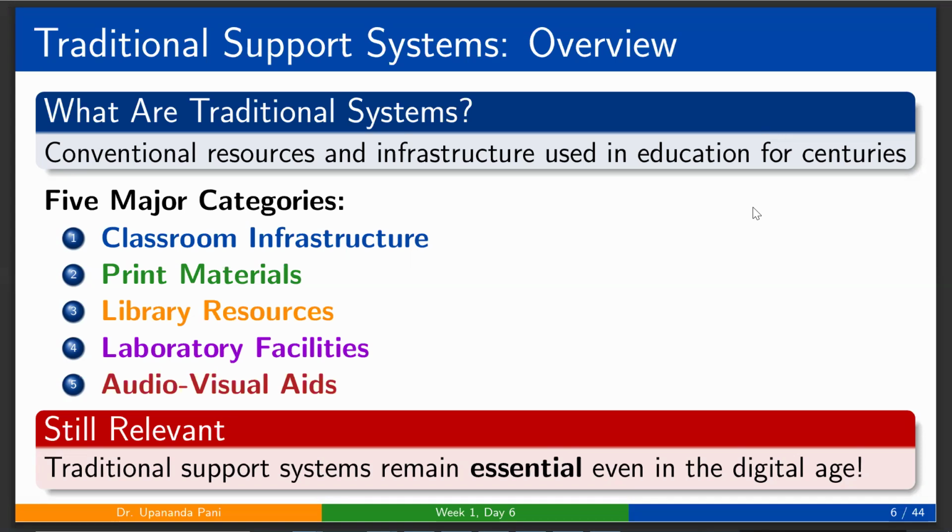Fifth is audio-visual aids. Right? So all these five categories are very crucial. Without this, I think it's very difficult for any educational institution to function. Traditional support system remains essential even in the digital age. Without all this, you cannot see the classroom functioning normally.